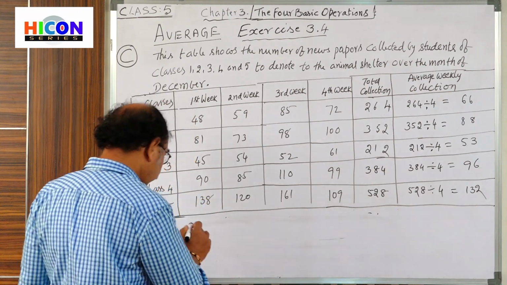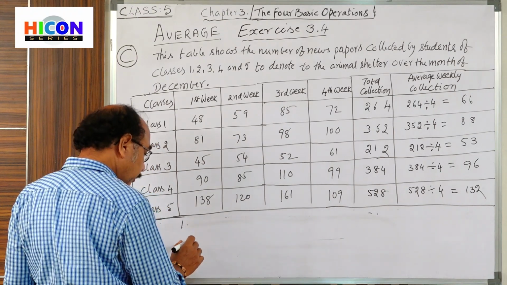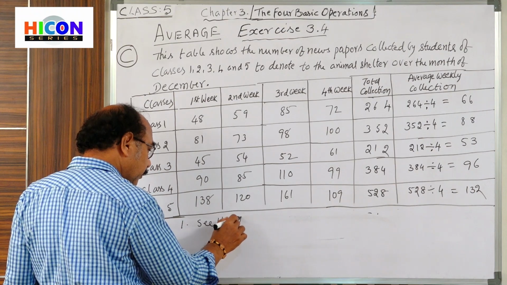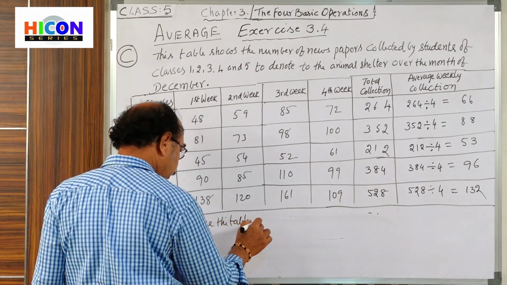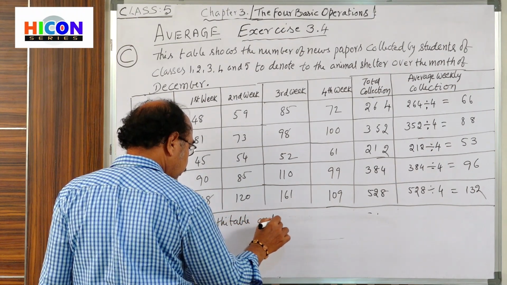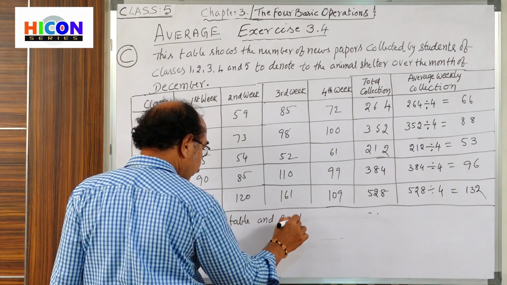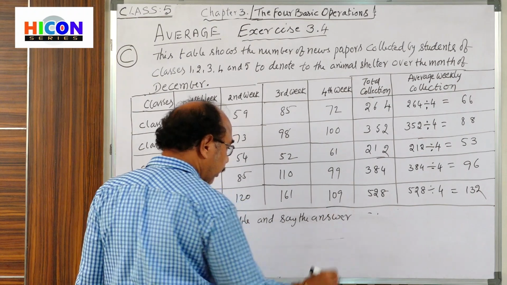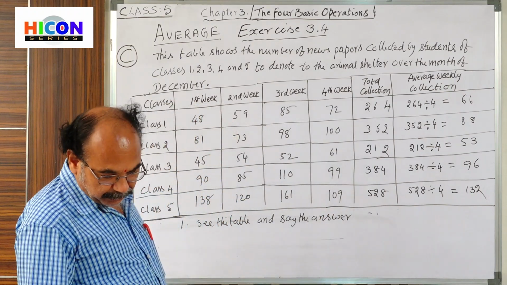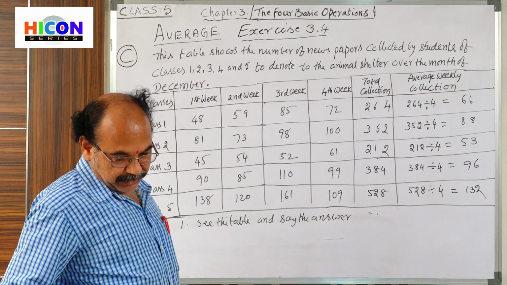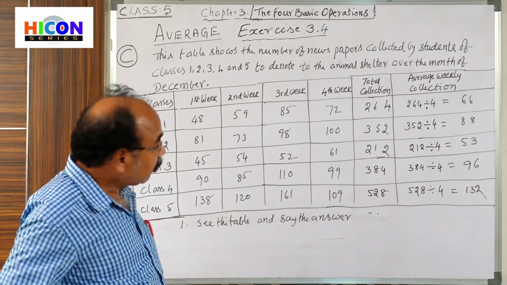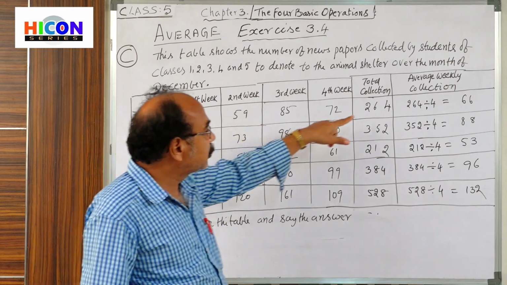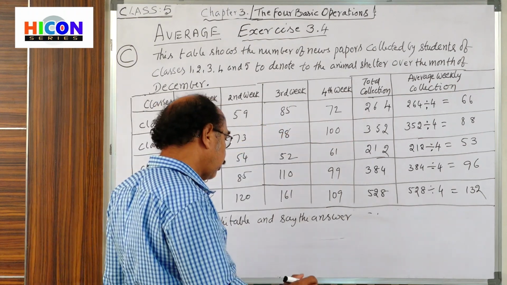So the first one, see the table and say the answer. The question is, what is the total collection of each class? Tell the total collection of each class. First class, total collection how much? 264.